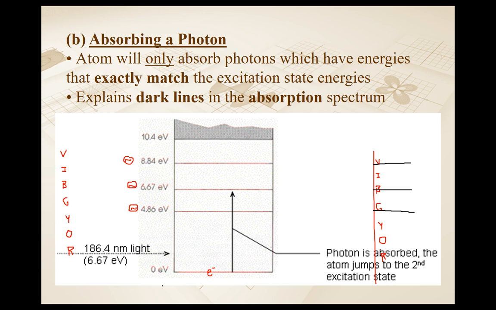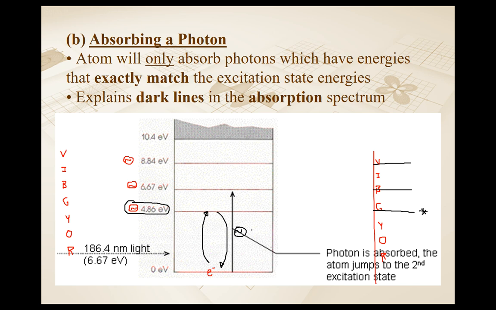Now you might be wondering, wait a second. Let's say we just fired this guy in, a 4.86 electron volt photon. That would cause this electron to jump up, so that's going to steal away this line right here. But when it jumps back down, doesn't it just emit the same photon?